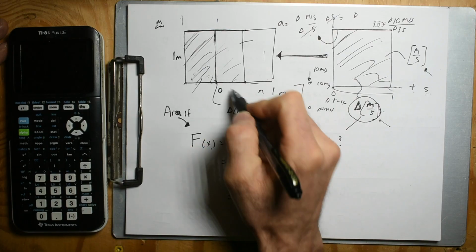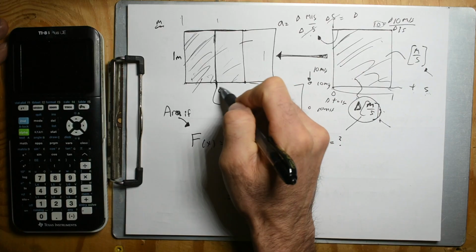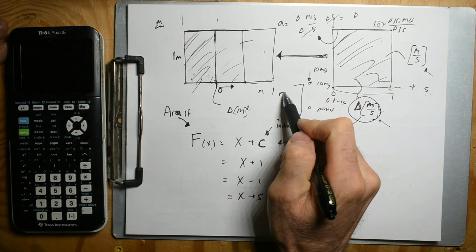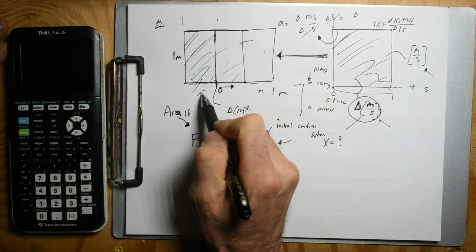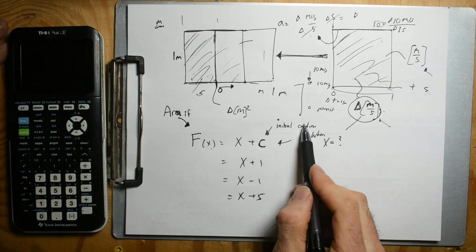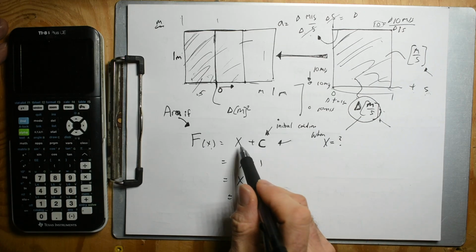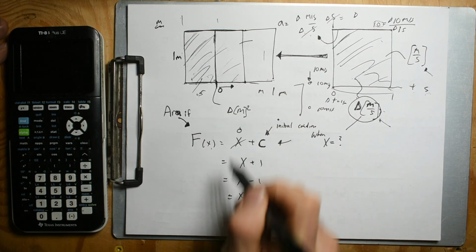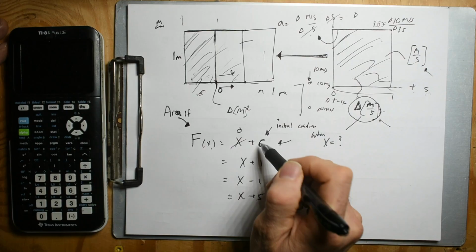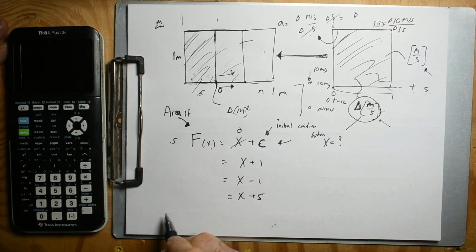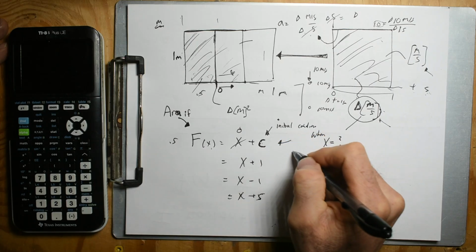If the table that I'm building in this direction is going to be 1 meter, but I already start with a table that's 0.5 by 1, which is 0.5 meters, then my initial condition says when this x value is 0, when I haven't even started building any new table, I'm still left with an area of the old table. And so that's going to be 0.5. And that means that C is 0.5.